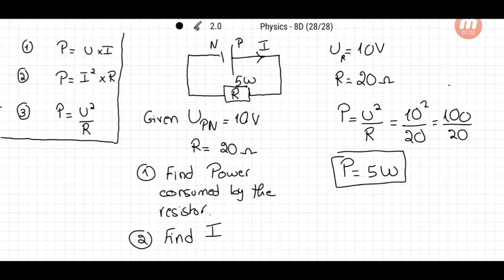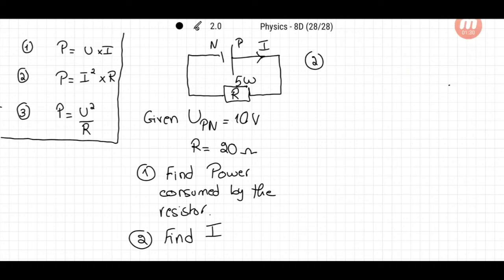Now, part 2, I need to find I, the current in the circuit. How to find I? I can find I in two ways. I know that P is equal to 5 watts, which I found in part 1, and U of the resistor is equal to 10 volts.